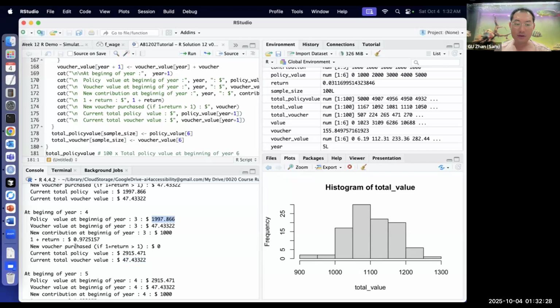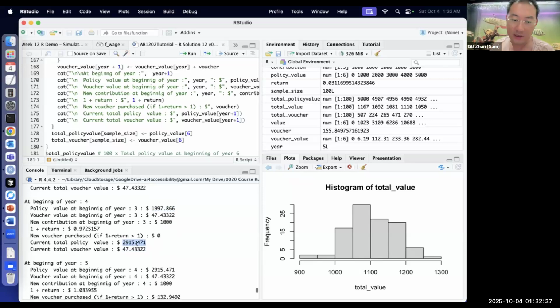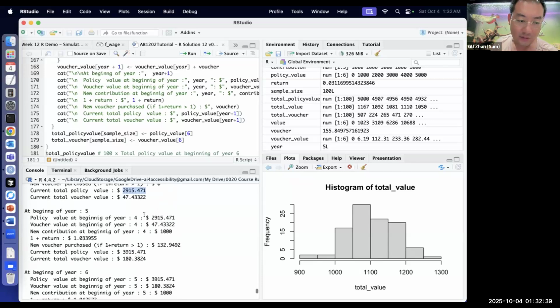After a discount of about 3%, you get 2,915, which is less than your 2,997, so again you incur a loss. Then you go to year 5, and you're better. You have some profit again. So 2,915 plus 1,000 is 3,915, times 3% is about a $132 voucher, and in the meantime your total principal is 3,915.